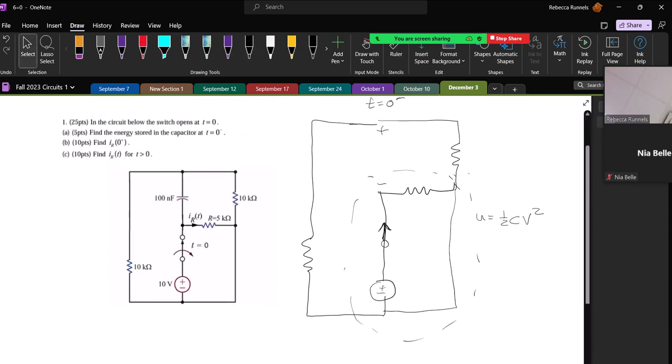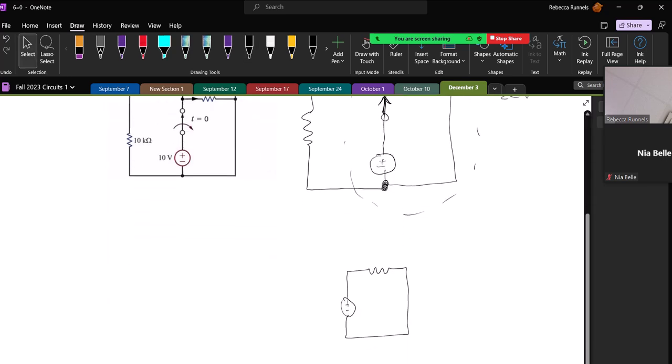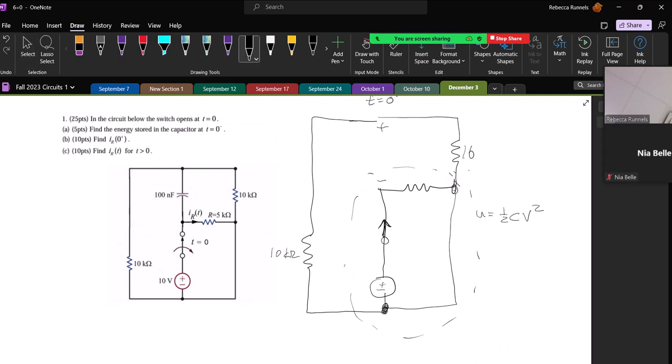Then we have another branch that's connected at this point and at this point, and it has two resistors in series on it, a 10 kilo ohm resistor and another 10 kilo ohm resistor.